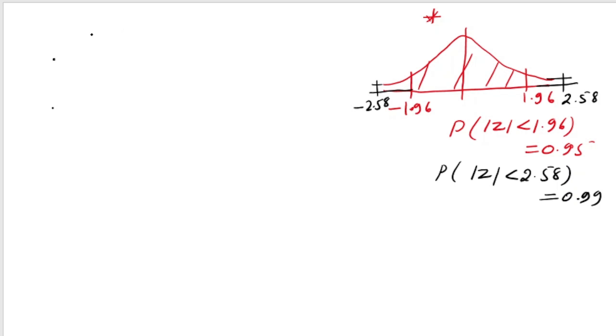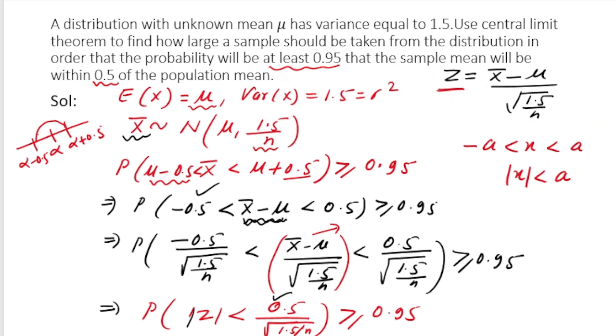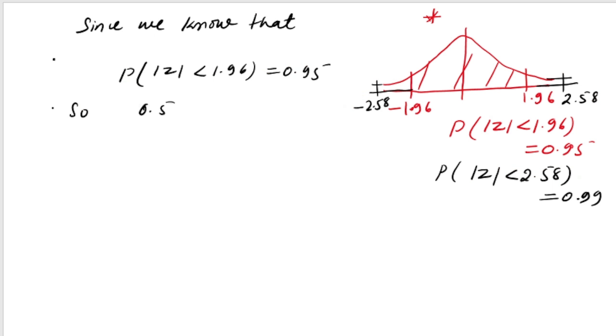So since we know, and this is something you have to remember, they may not provide it in the exam, that probability of mod z less than 1.96 is equal to 0.95, I take this 0.5 by under root 1.5 by n equal to 1.96. Then from this I am going to calculate the value of n.